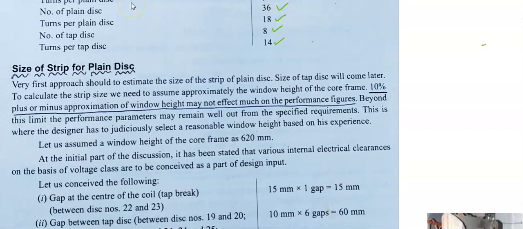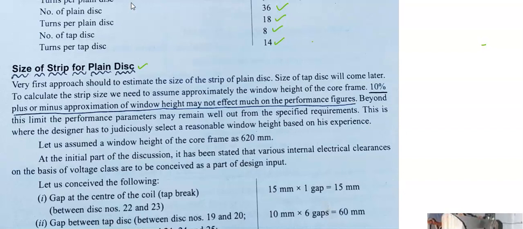First, to get the size of the plane disk, we have to know the window height. Only after getting the window height will we get the size of the plane disk.